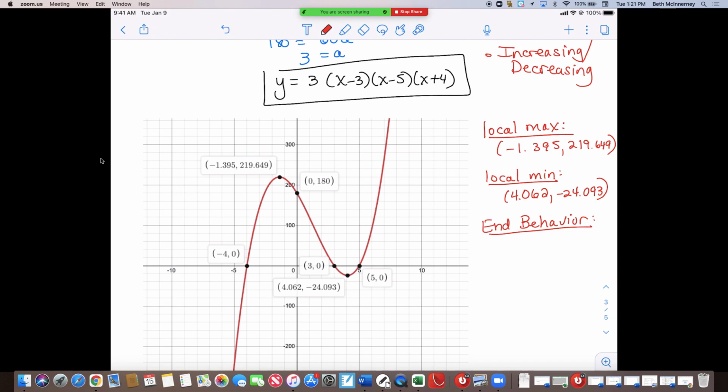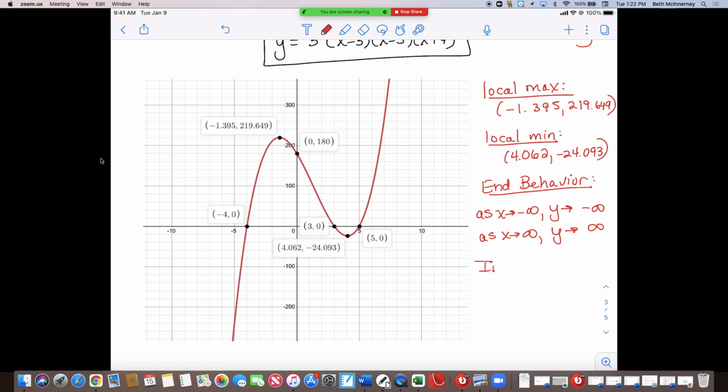It's not local, not local. So I would say, as x goes to negative infinity, where does this graph go? Up or down? It goes down. So we write negative infinity. As x goes to positive infinity, that means to the right. Where does the graph go? It goes up to positive infinity.